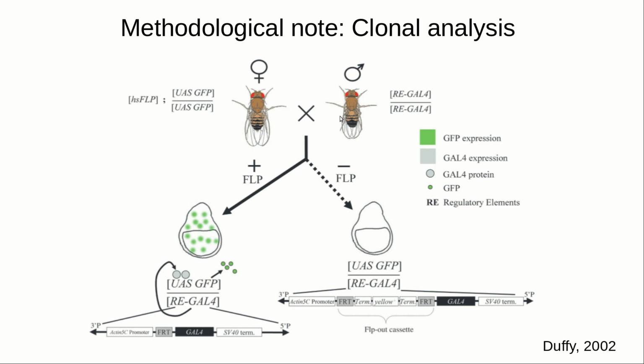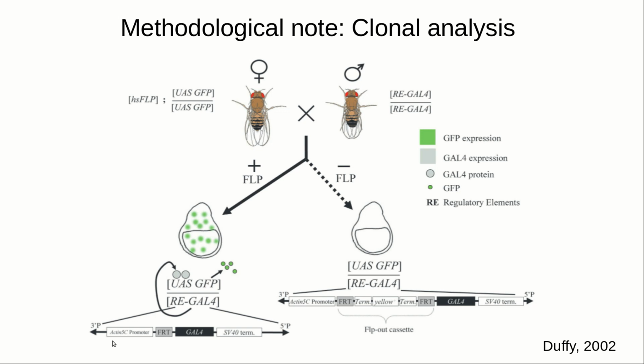So after crossing both strains, you get flies that have all the cassettes on them, and if you give heat shocks to some of the flies, this heat shock promoter gets activated, and the flypase enzyme gets expressed, and it recognizes the FRT sites and removes these cassettes, which means that it removes the terminator sequences.